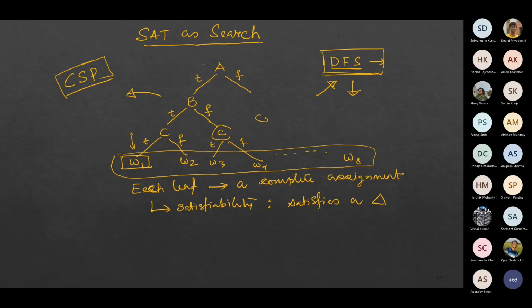So let me first write down a kind of degraded version of DPLL, which is entirely based on DFS, and we'll try to improvise that to make it more efficient. So we'll be talking about a different type of algorithm, which we call the DPLL algorithm.